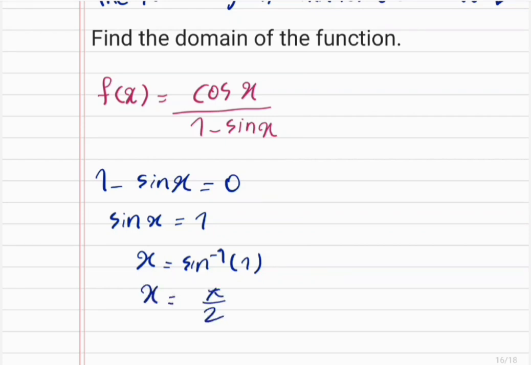X is equal to pi over 2, but there's something that you should remember: sine is a periodic function and its period is 2 pi, which means the value repeats every 2 pi. So if we want to write down the solution of the equation, we need to add 2 n pi, where n is just an integer.